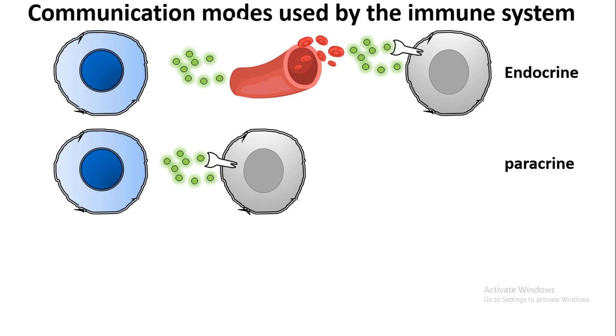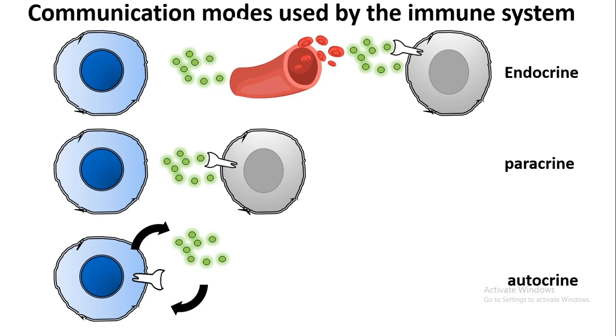Another mode of communication is paracrine, where the target cell is not so far away from the cell secreting the signal. Another is autocrine, meaning the cell signals a molecule which works upon the cell itself. The immune system uses mostly paracrine and autocrine modes of communication.